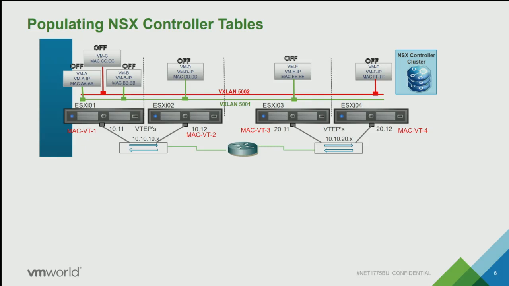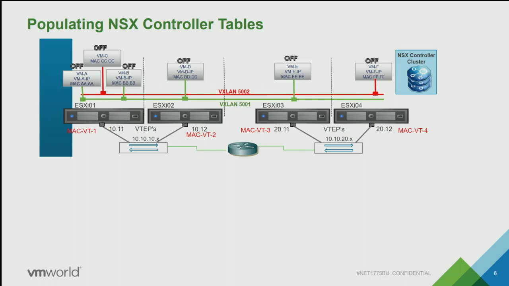Okay, so what we're going to do right now is I'm going to explain our layout, and then we're going to go through step by step and see how these tables get populated. So when I look at my little picture here, what do I see? Well, I have 4 servers, host 1, 2, 3, and 4. Each of these servers has a VTEP, so we just have a single VTEP.